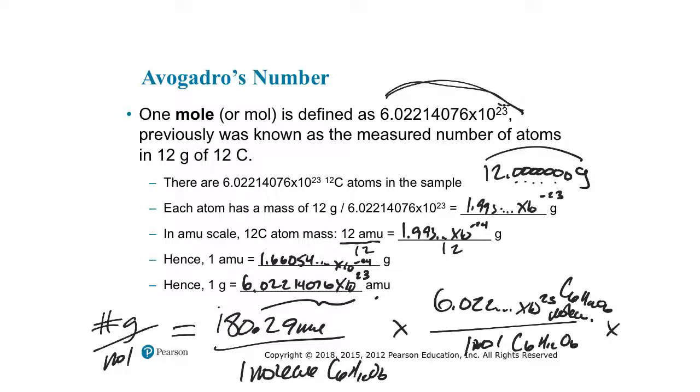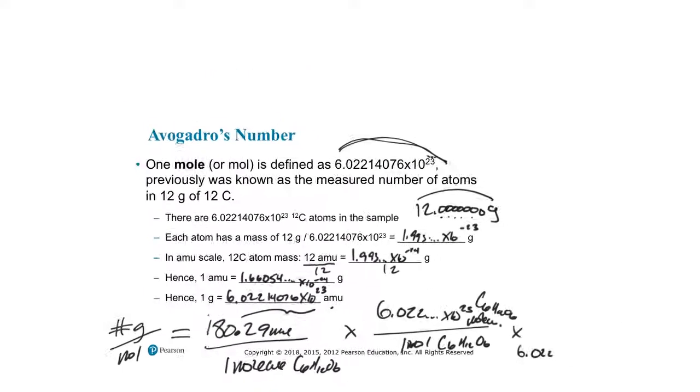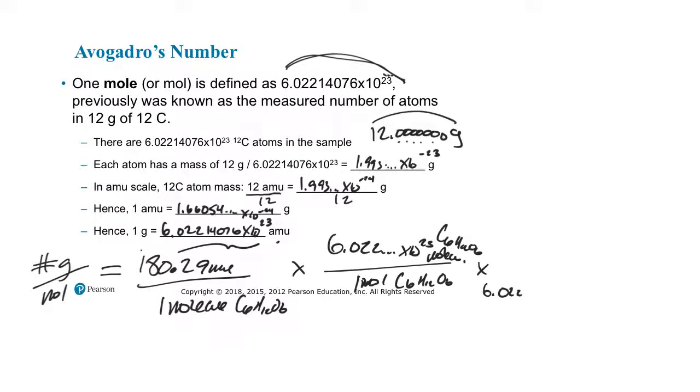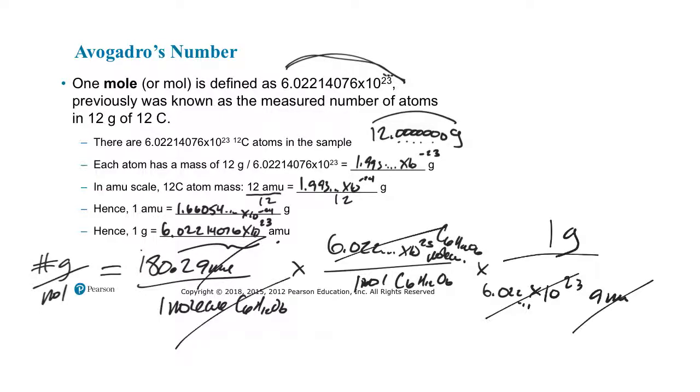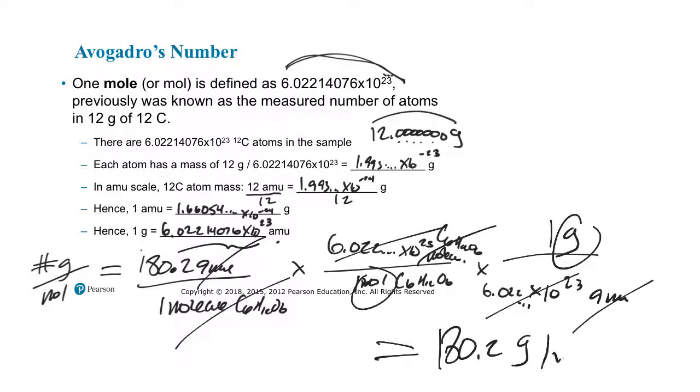And then you also have that same number, 6.022 times 10 to the 23 AMU in 1 gram. So that Avogadro's number cancels. The AMU cancels. The molecule cancels. The only things that don't cancel here, grams per mole. So this works out to be 180.2 grams per mole.